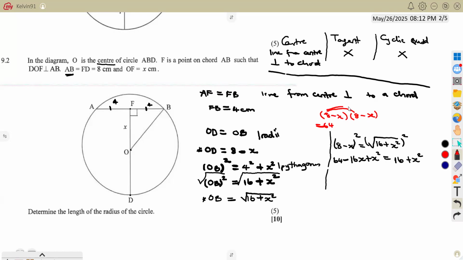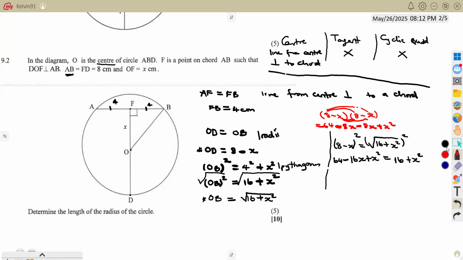This 8 multiplied by this x is going to give us a negative 8x. Then this x and this 8 is going to be a negative 8x. Then this negative x and this negative x is going to be a positive x squared. So we have 64 minus 8x minus 8x, which is minus 16x, then plus x squared.